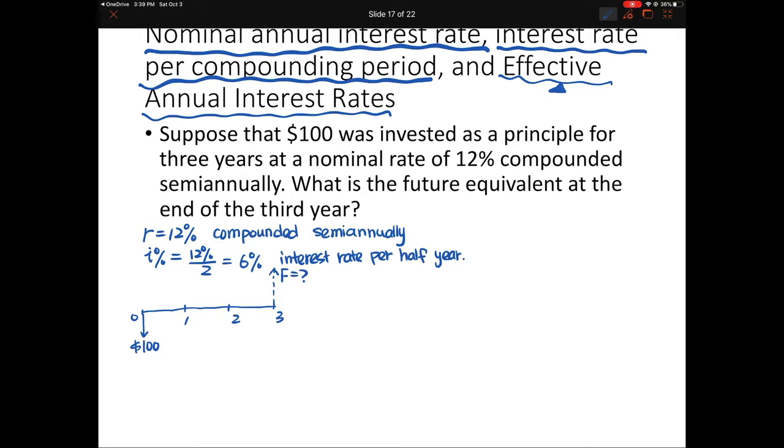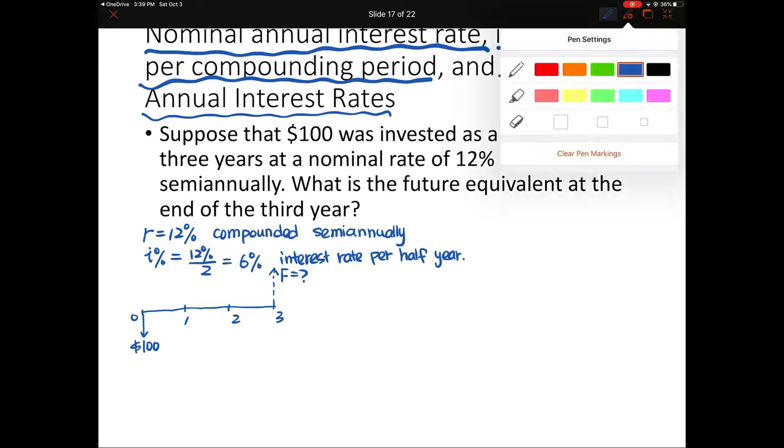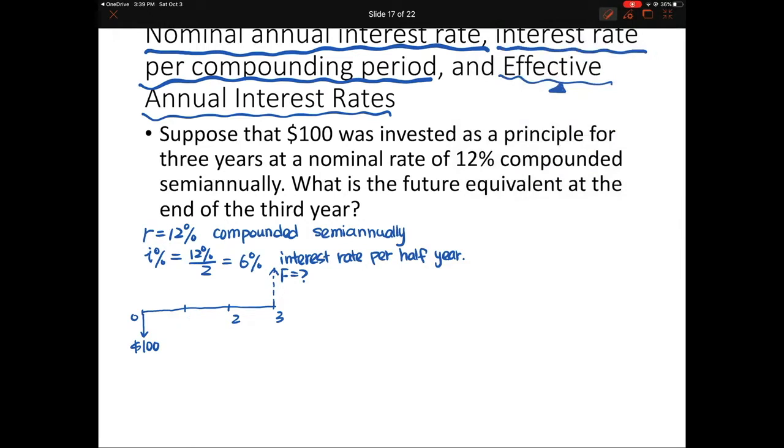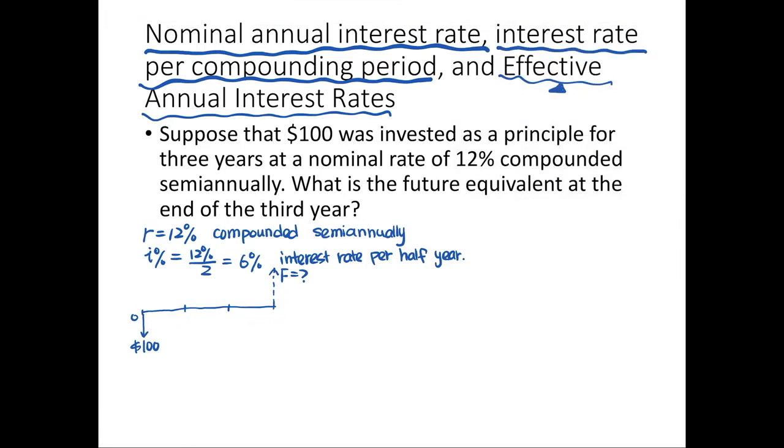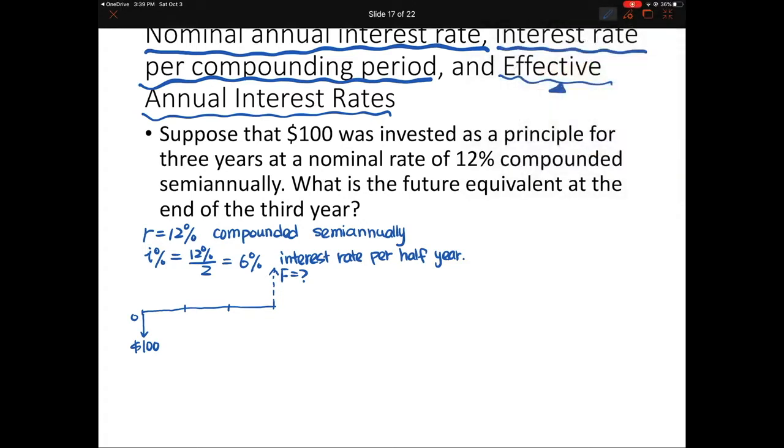Okay, because the cash flow is compounded every half year, so actually on the cash flow diagram, you're gonna have 6 periods.